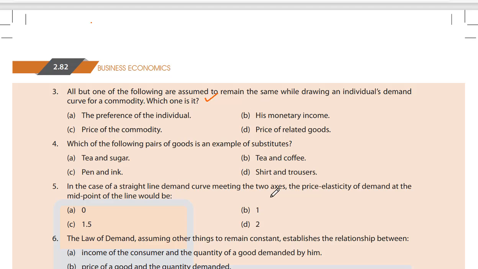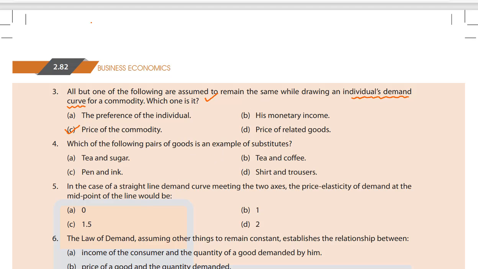Students, over here you can understand the price of the commodity does not remain the same. Just read the question once again. All but one of the following are assumptions to remain the same while drawing an individual's demand curve. So if you know the assumptions of the individual demand curve, the price of the product is the variable over there.